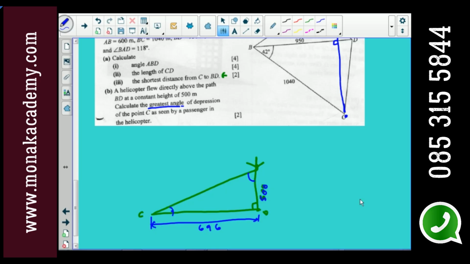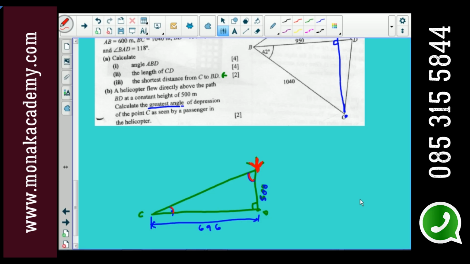The person is looking down at C like this. But if the person was looking from C, we would be wanting this angle. This person is looking from the plane, which I tried to draw. My plane looks awesome. So the angle that we want is this one.